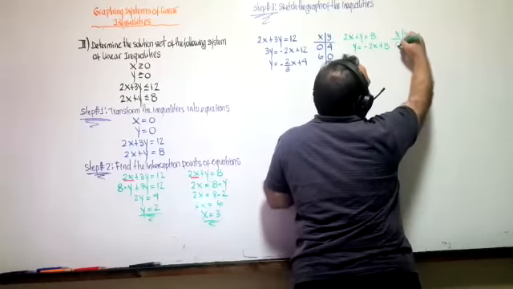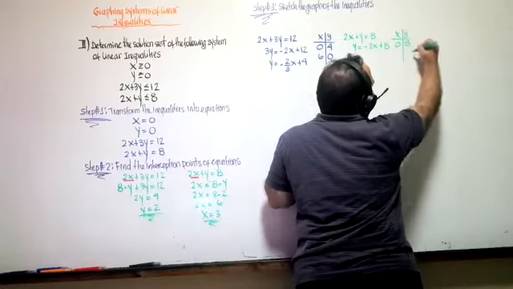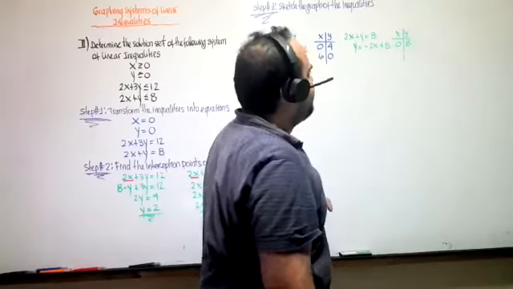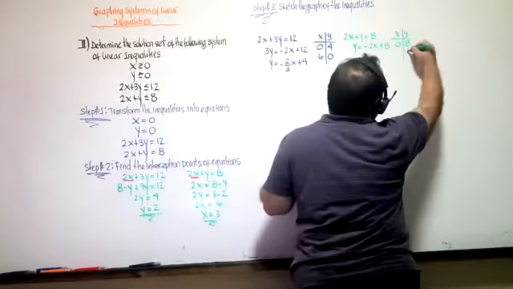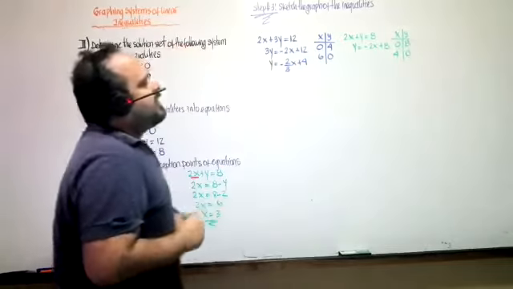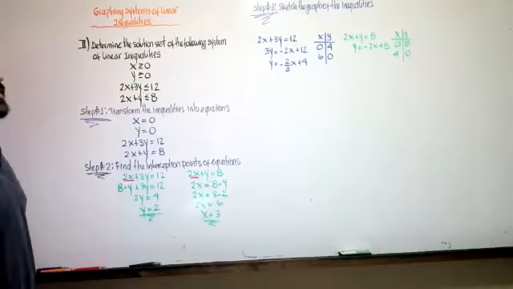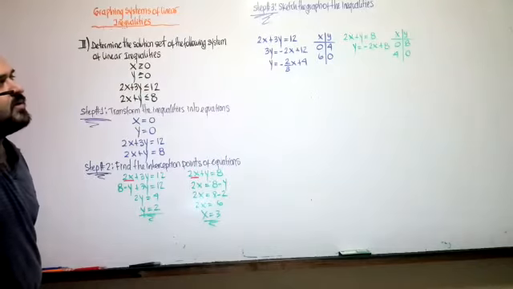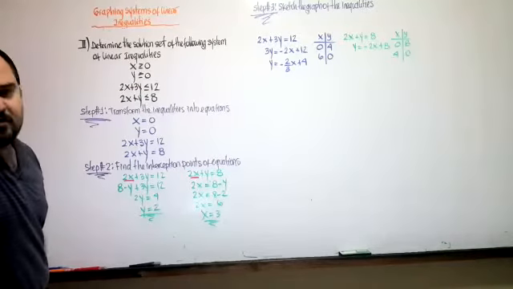When x has a value of 0, y will be equal to 8. And when y equals 8, obviously x will be equal to 4, because 4 times negative 2 is negative 8 plus 8 will be equal to 0.